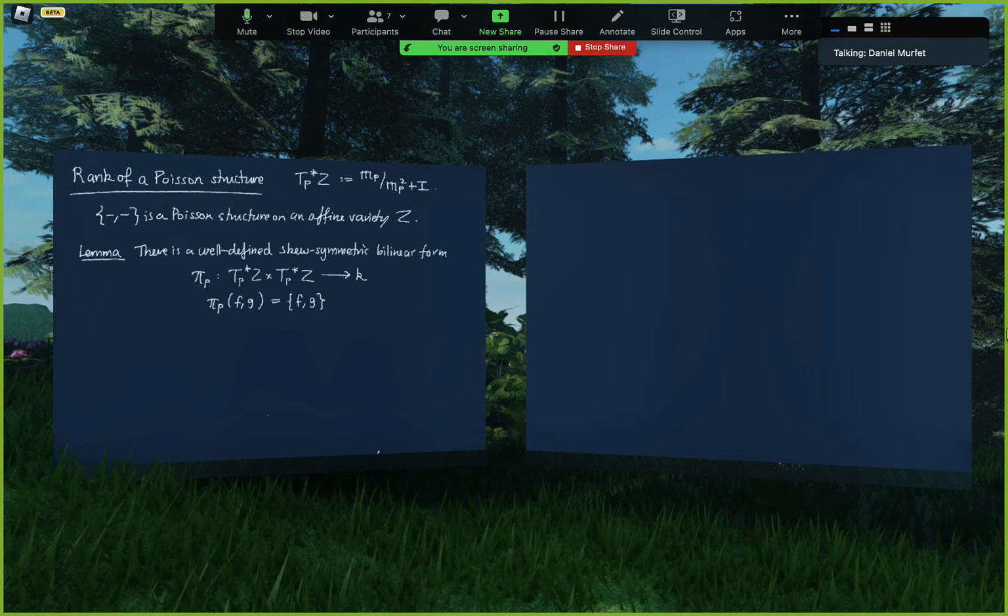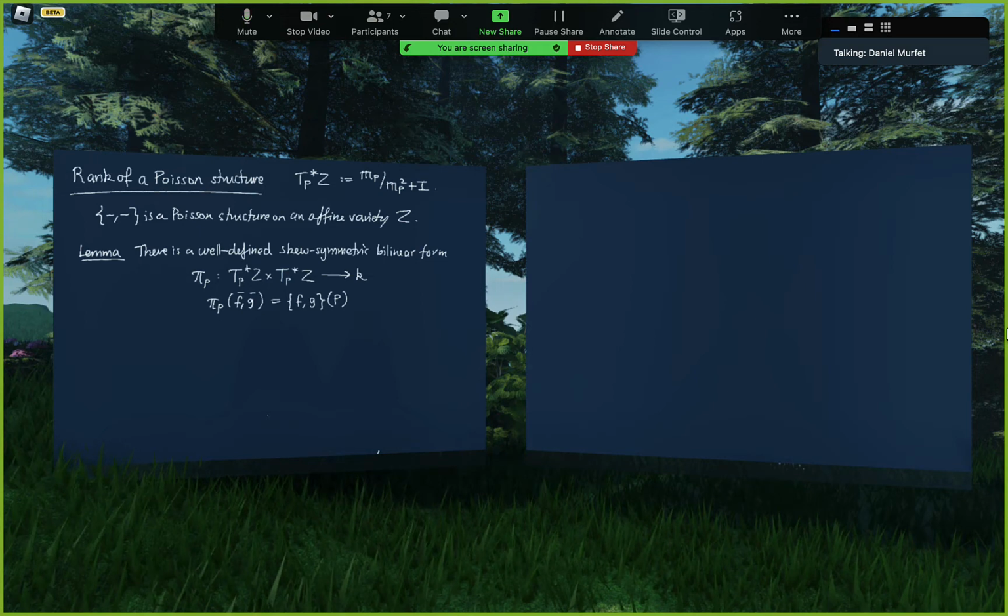I guess, strictly speaking, I should say something like this, right? Okay, so I should say what this means. So take F and G, their equivalence class, so those are elements of MP. F and G are representatives of elements in the cotangent space as defined on this board.